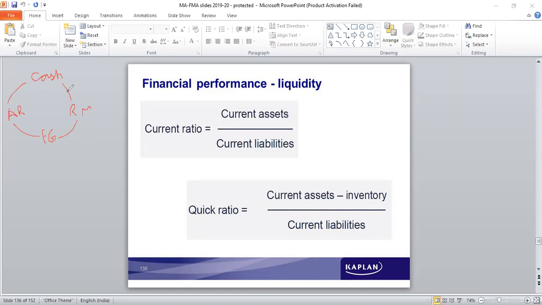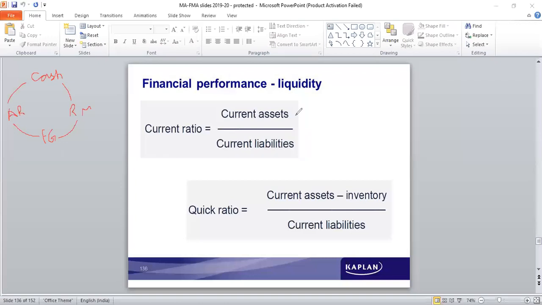Then we see the quick ratio. Quick ratio is equal to, see what do we have under current assets? We have cash, all types of cash: cash in hand, cash at bank, cash in the form of marketable securities, which are very easy to sell in the market. Apart from that, accounts receivable, then inventory, then prepaid expenses and short-term advances.